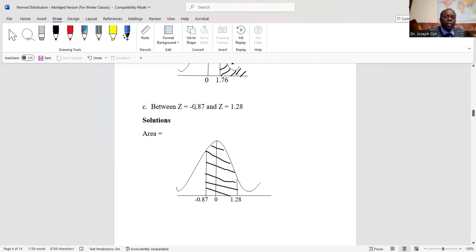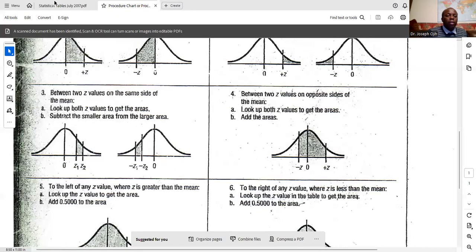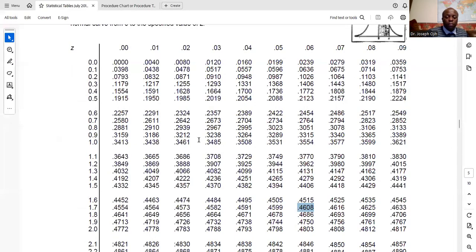This one is negative 0.87. Negative is just to tell you that it's on the left side. So on the table, you're not looking for negative. You're just looking for 0.87. So you go to 0.87. I have it right here. You can see 0.8 here.